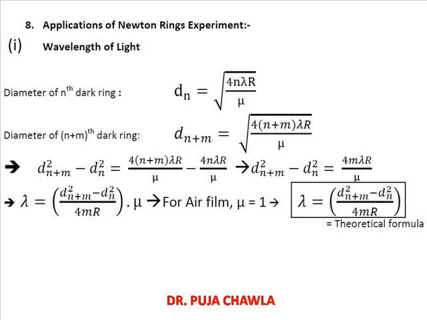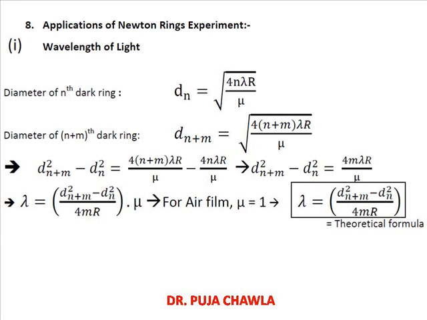Clear? Next, what would be the diameter of the (n plus m)th dark ring? In the formula of dn, replace n by n plus m. So the value comes out to be under root of 4 into (n plus m) lambda R by mu.